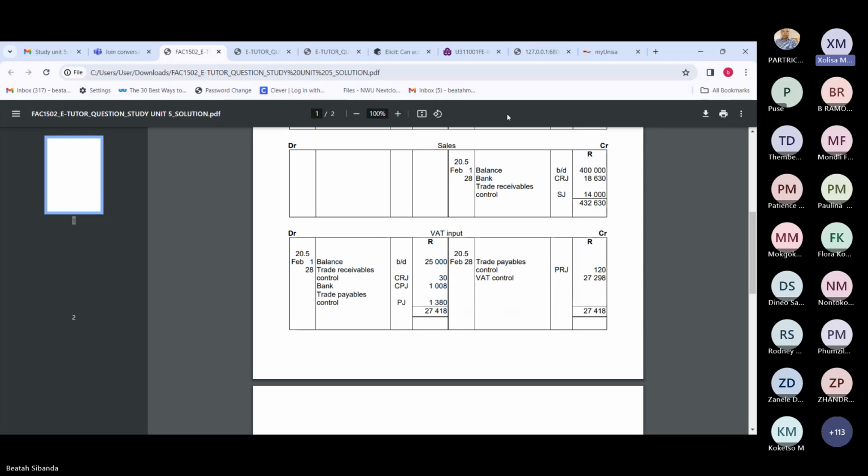That 120 reduces the amounts that we are owed. So we no longer owe the 120, and the balance is an amount owed to us of 27,298. Therefore, in your trial balance next month, you're going to see a balance of 27,298. Okay. All right, correct. Thank you.